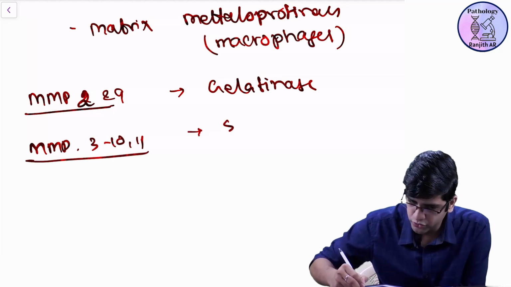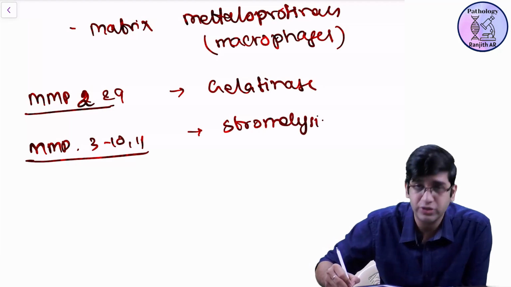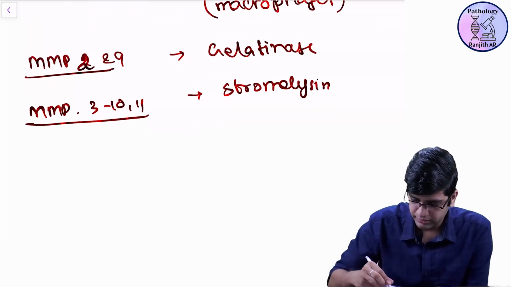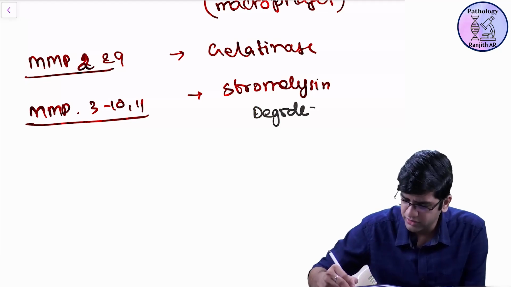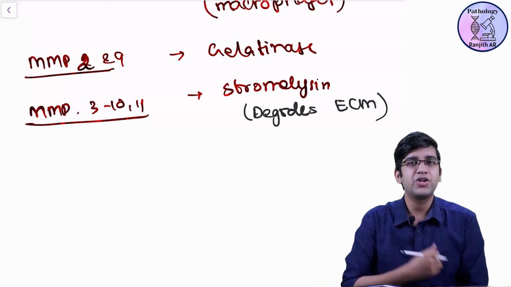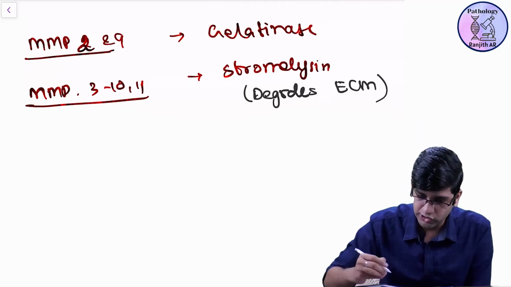They are called stromelysins. This also helps to destroy a little bit of the collagen. It degrades extracellular matrix, not only collagen but a little bit of extracellular matrix as well, so that I make sure all the weak components are removed and I have new, stronger components.